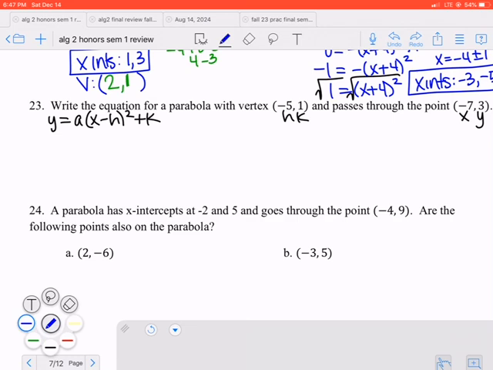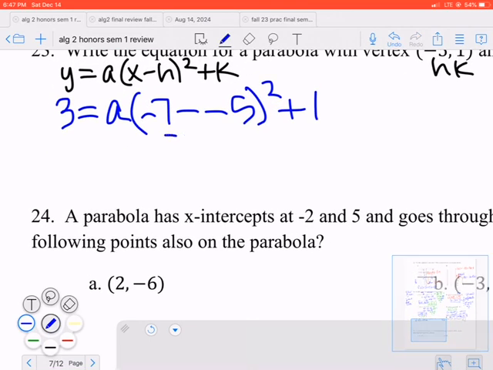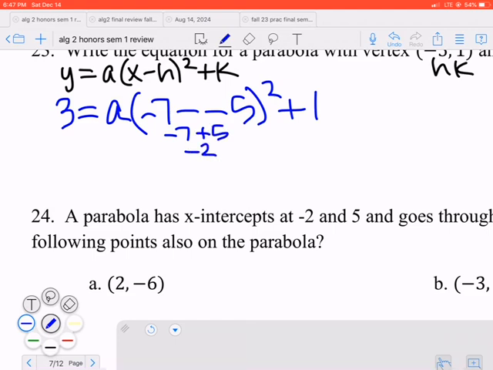So y is 3 equals a times x is -7 minus h is -5, squared, plus k is 1. So inside those parentheses that'd be -7 plus 5, which is -2. -2 squared is 4. So we have 3 equals 4a plus 1.